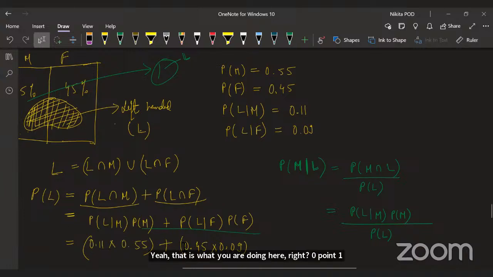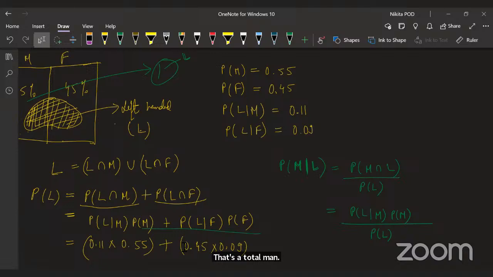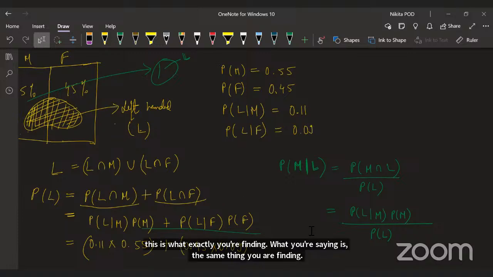That's the probability of left-handed and male. But the probability of left-handed given male must be 11% of the selected male. No, see, P of L intersection M, what does it mean? It means the person is both male and left-handed. So this is exactly what you're finding. You're finding the person is a male and left-handed also.